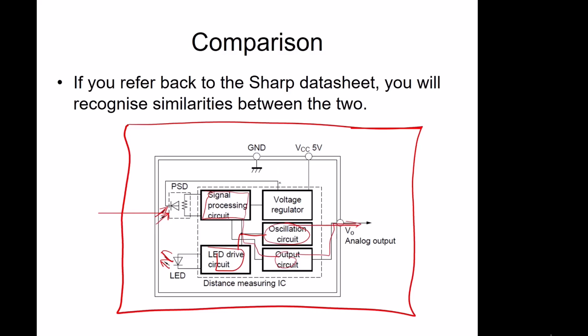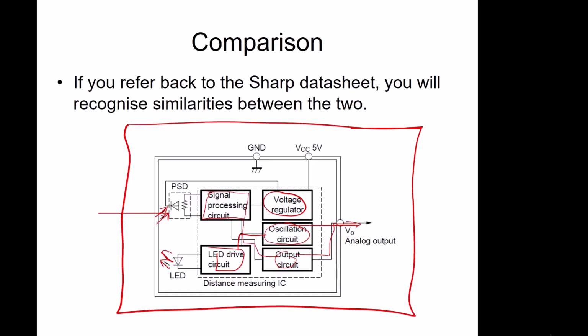So a lot of similarities. We've got a voltage regulator in there, which we'll discuss in tomorrow's series of videos. So we'll cover regulation then, but essentially we've got the same circuit there as the Sharp circuit.